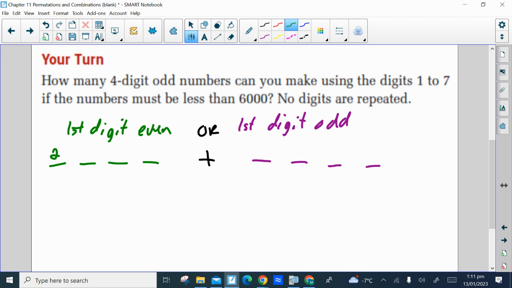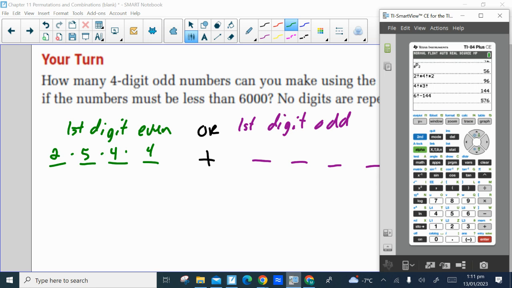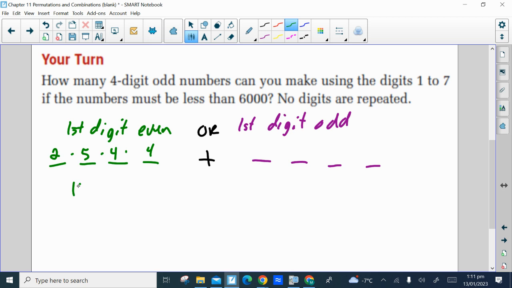We started with 3 even digits. We've already used one of them up. I'm sorry, 4-digit odd numbers. So there are 4 odd digits to choose from: the 1, the 3, the 5, or the 7. So we started with 7 digits. We've used 2 up. So now we'd have 5 choices for the second and 4 for the last. So you multiply these 4 numbers together. It's 10 times 16, or 160.